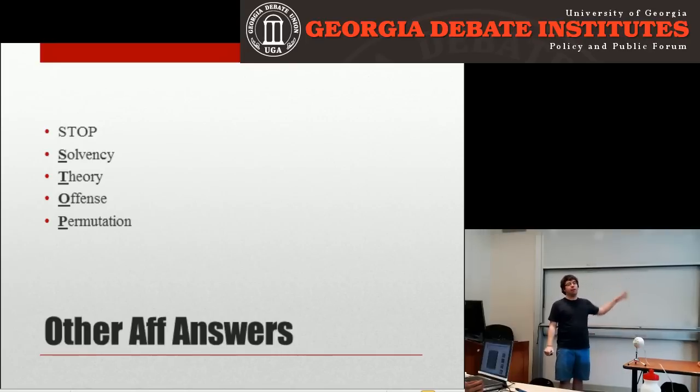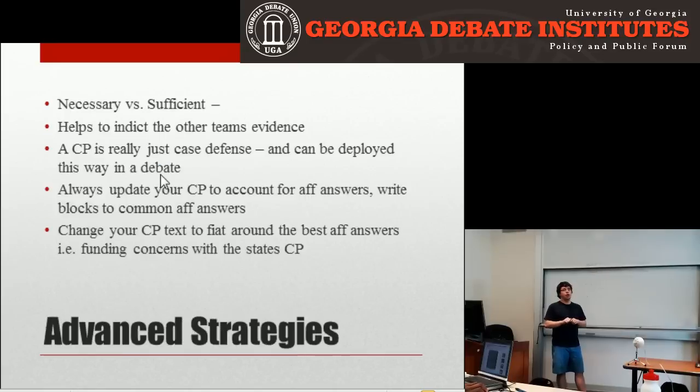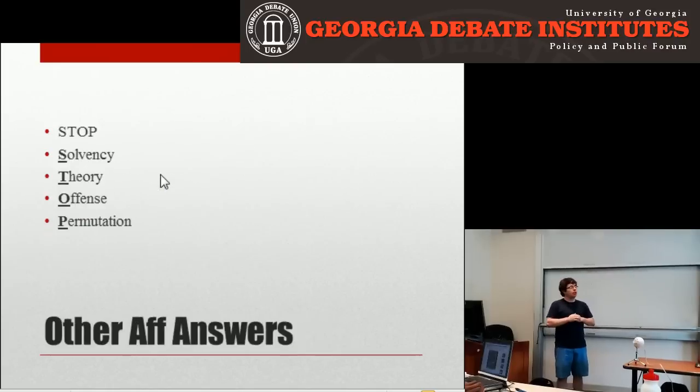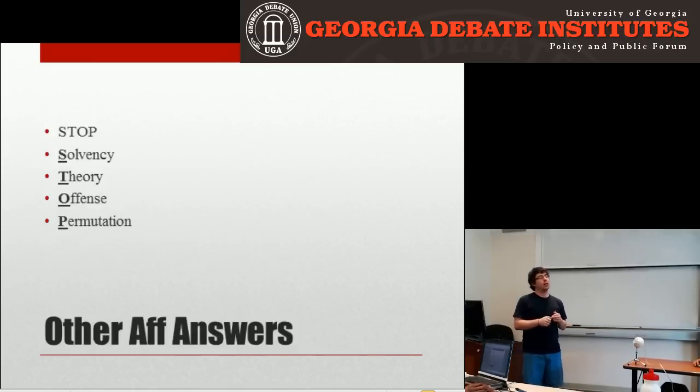That's usually where you're going to find your best solvency deficits, because there is a deficit to the counterplan in which it cannot solve parts of the affirmative. We'll have to sidestep the theory discussion until later, but the competition problems I talked about earlier are theoretical objections to counterplans. Like if they include the whole plan, then they're theoretically hard for the affirmative to answer.